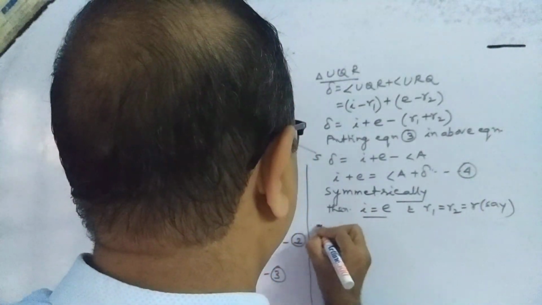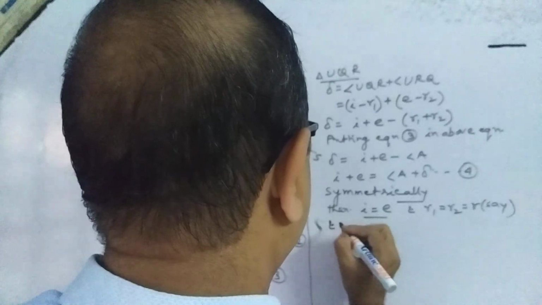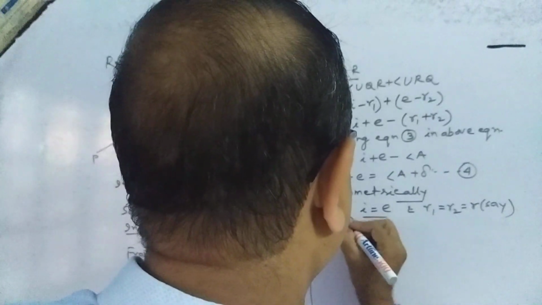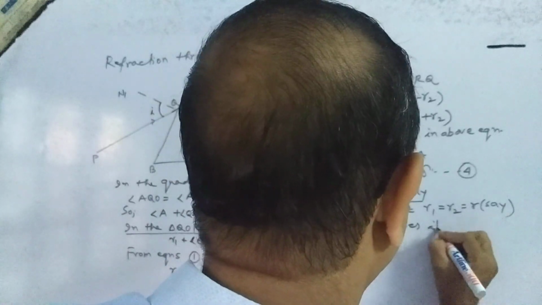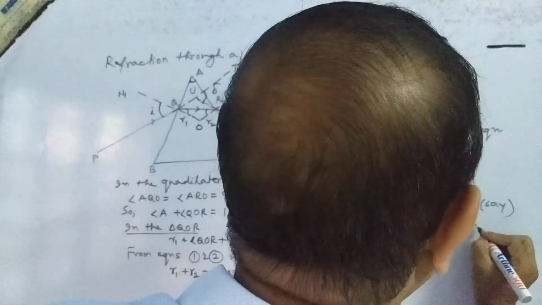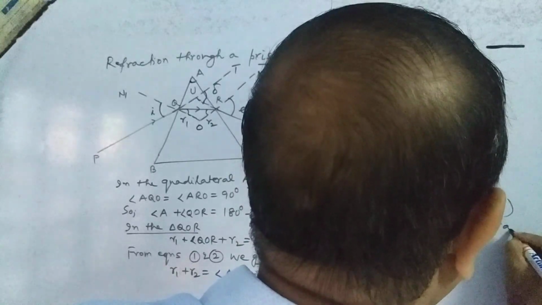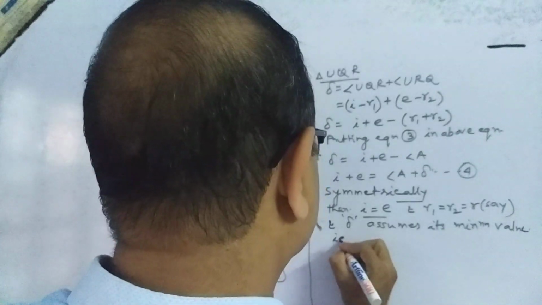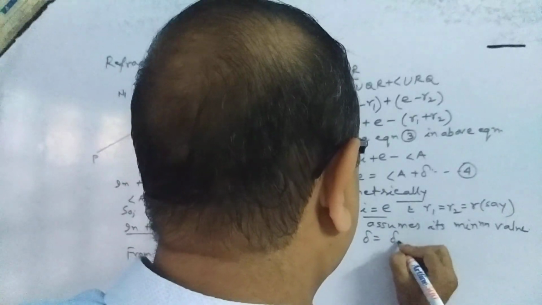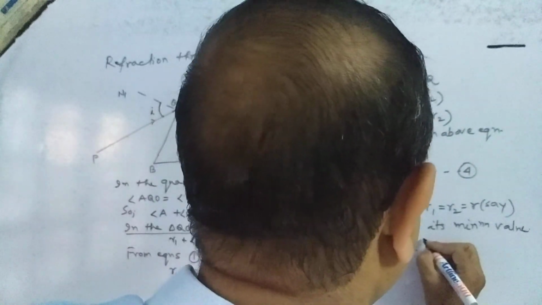And what will happen? Delta assumes its minimum value, that is, delta is equal to delta M. What is this called?